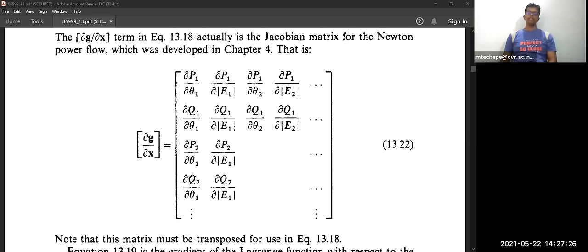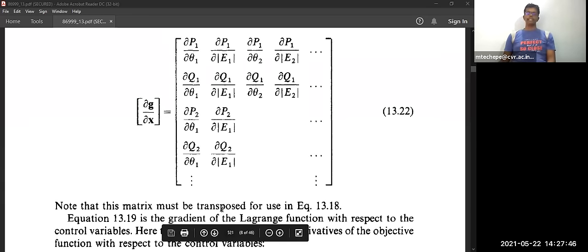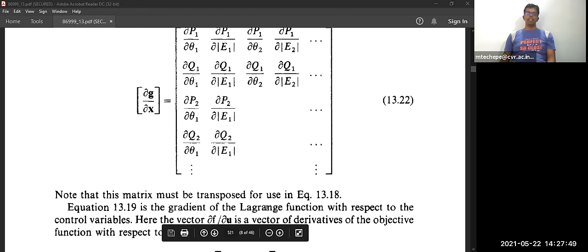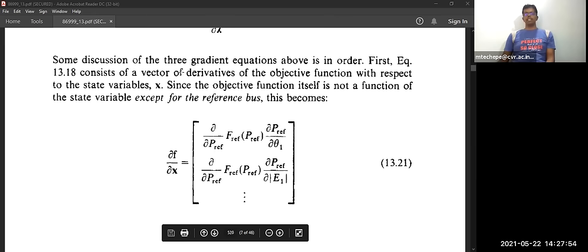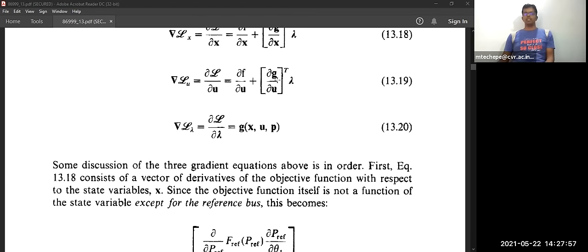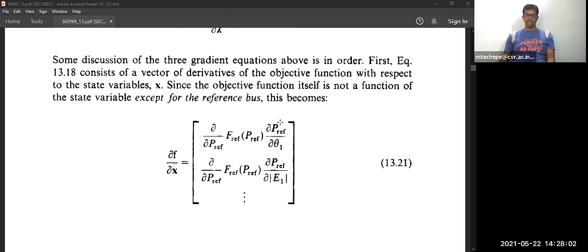Similarly q2 also, dou q2 divided by dou theta 1, dou e1, dou theta 2, dou e2. Note that this matrix must be transposed for using that. Why? Because we derived the transpose here, dou g divided by dou x transpose. So again we need to transpose this matrix.